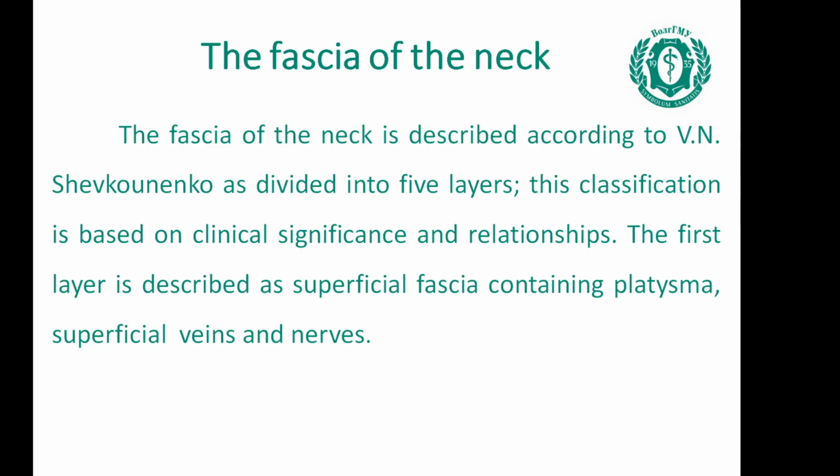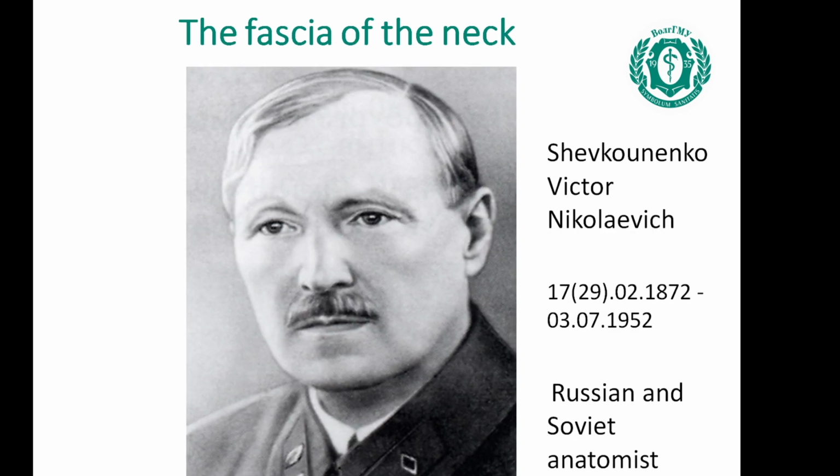The fascia of the neck, as described by Shevkunenko, is divided into 5 layers. This classification is based on clinical significance and relationship. The first layer is described as superficial fascia containing platysma, superficial veins, and nerves. This is the Russian and Soviet anatomist and well-known scientist Shevkunenko Viktor Nikolaevich.